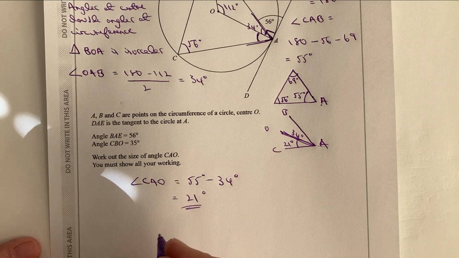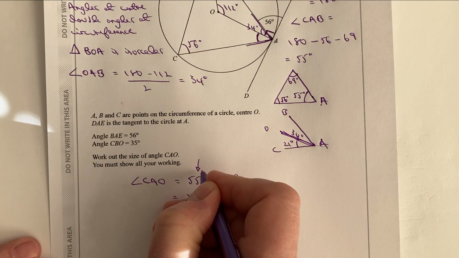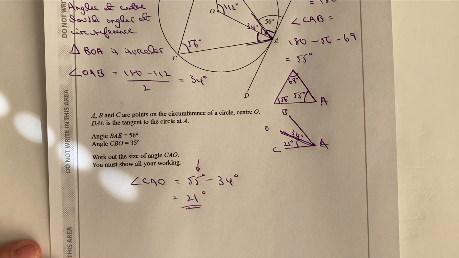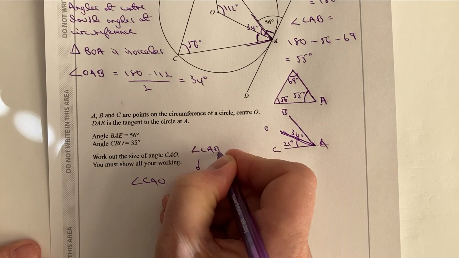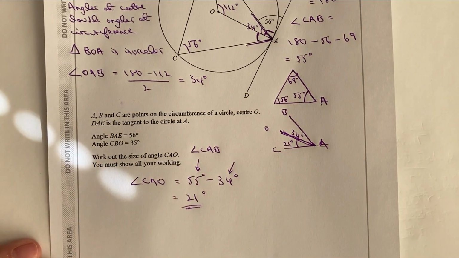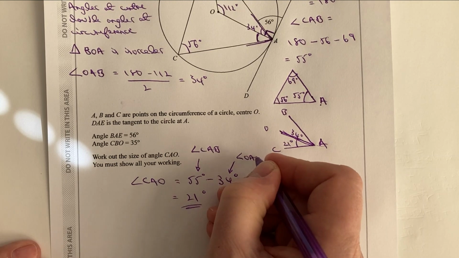And just for the purposes of clarity, what I'll do is I put on here that this 55 degrees is going to be angle CAB, and this 34 degrees is going to be angle OAB.